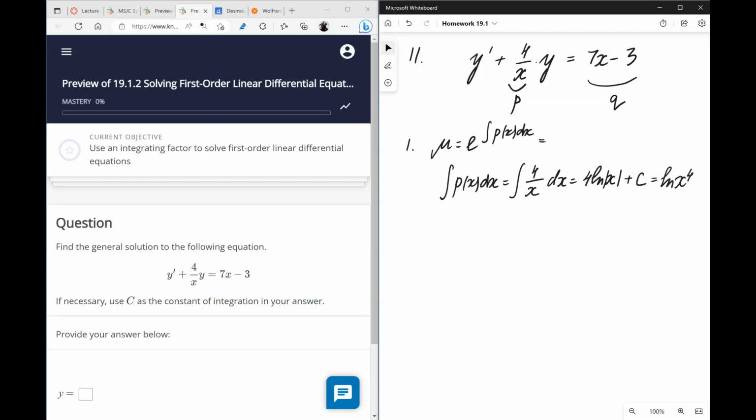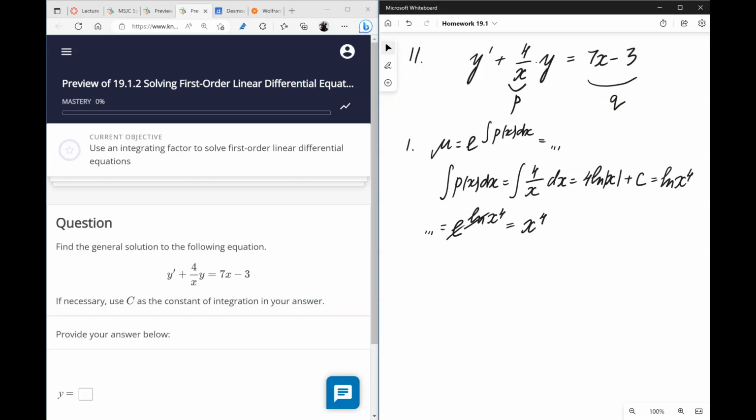and absolute value of x raised to the power 4 is just the same as x raised to the power 4. And the reason I like it to be written that way is because when you put it back into the integrating factor formula, we get e to the power ln of x to the 4, and e and ln cancel each other, and we end up with just x to the power 4.